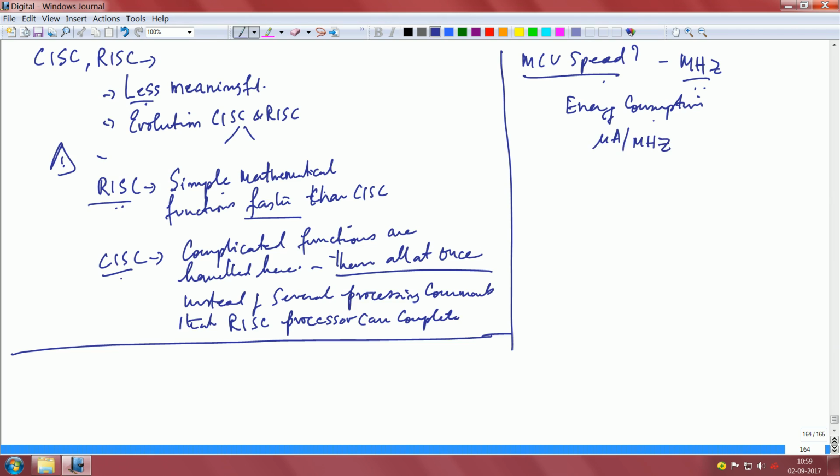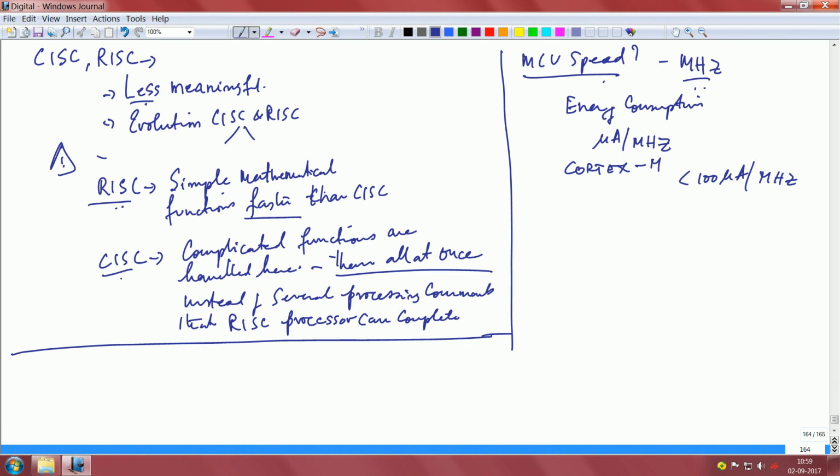If you look at ARM, this Cortex, I will write this in caps, Cortex M, there are basic claims that this should be less than 100 microamps per megahertz, okay. Less than 100 means how much?